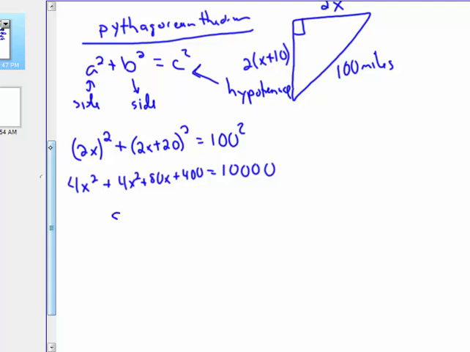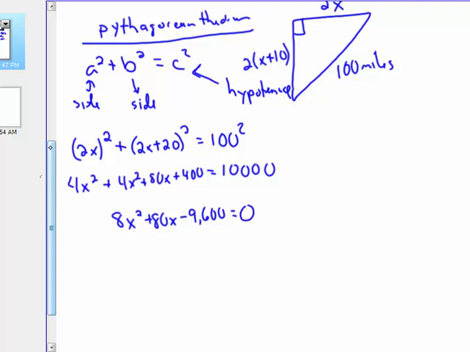At this point now, just like the other ones, I'm going to get everything over to one side. And then I'm going to factor it. I would look, can I take an 8 out? That would be my first thought. Can I divide through by 8?